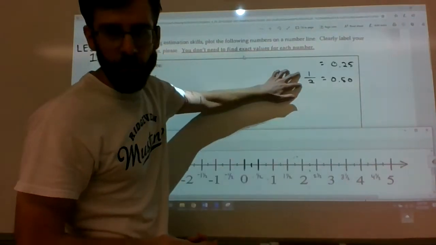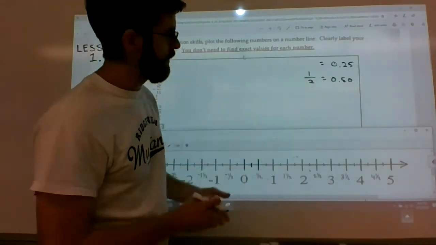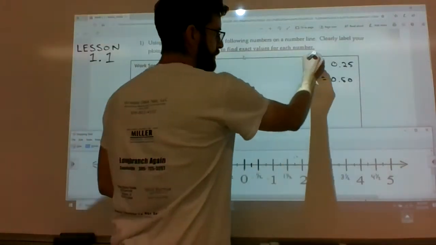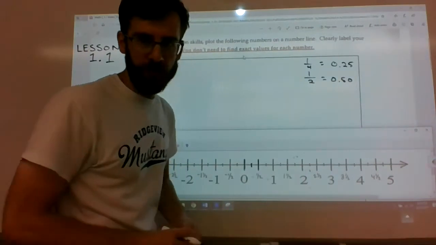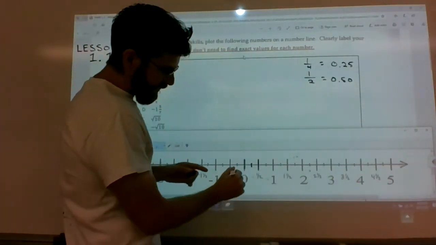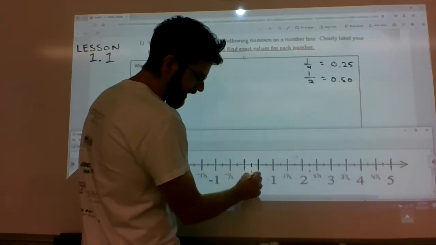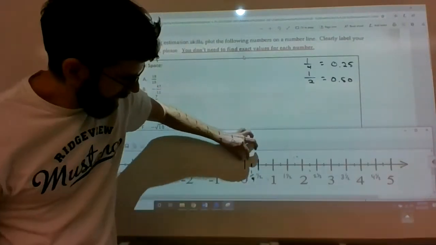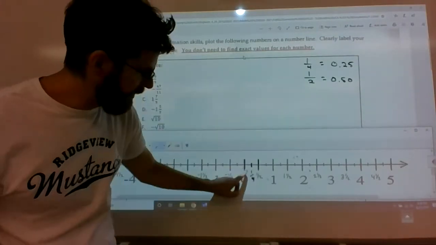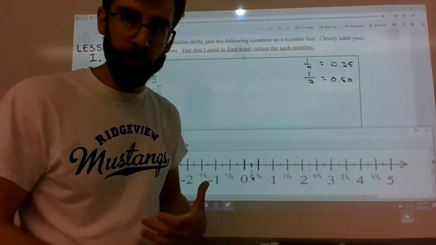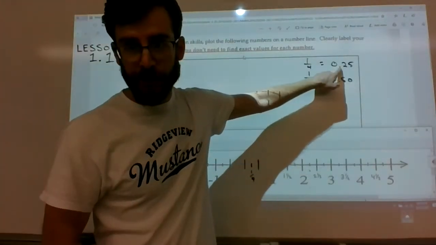Well, it's exactly 1/2 divided by 2, which if I cut a half in half, it becomes 1/4 or a quarter. So now, once we establish that this notch right here is a fourth, we can say with pretty good certainty that each little jump of a tick mark on this number line represents a quarter more, or 0.25 more.